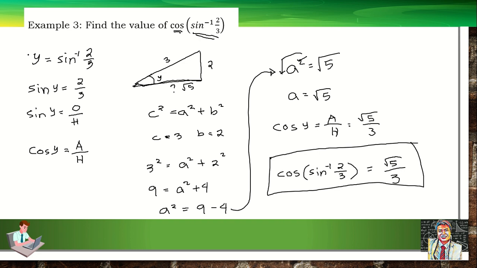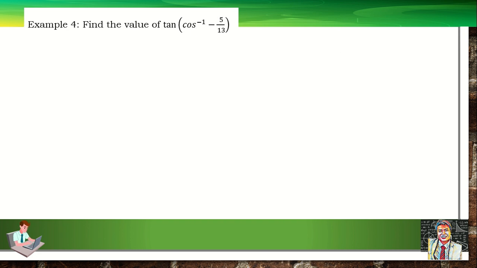Okay? Tingnan natin for example number 4. Find the value of tangent of inverse cosine of negative 5 over 13. Ganun pa rin, magkaiba pa rin sila ng function. So, first thing is, isolve muna natin or perform muna natin yung nasa loob.